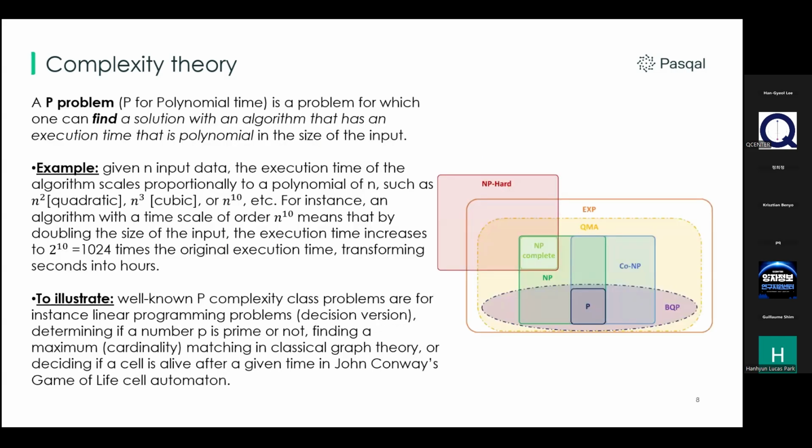To give you a couple of definitions to illustrate these complexity classes and what we mean by easy and hard problem, let's start with the simplest. The one I mentioned beforehand, the P problem complexity class, or polynomial in time. This means that this is a problem for which we know a solution that can be executed in a time that scales polynomially with the number of variables or the number of inputs.